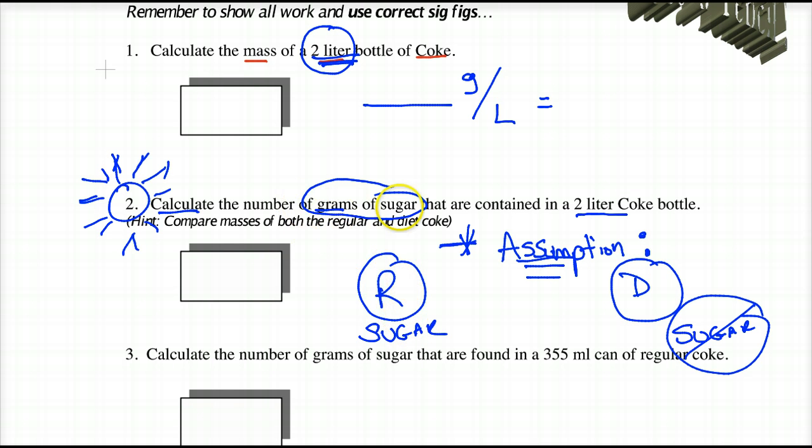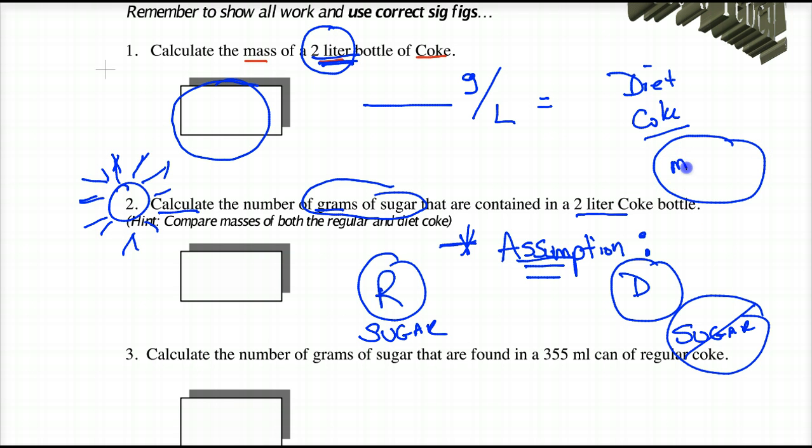So how do you get grams of sugar in a 2-liter Coke bottle? Okay, what you're going to do is the same thing here. Whatever mass you got for the Coke, you're going to find for Diet Coke. So you're going to have to find the mass for 2 liters of Diet Coke. And once you have that, this is the mass of 2 liters for Diet Coke. This would be the mass of 2 liters for Coke. All right?